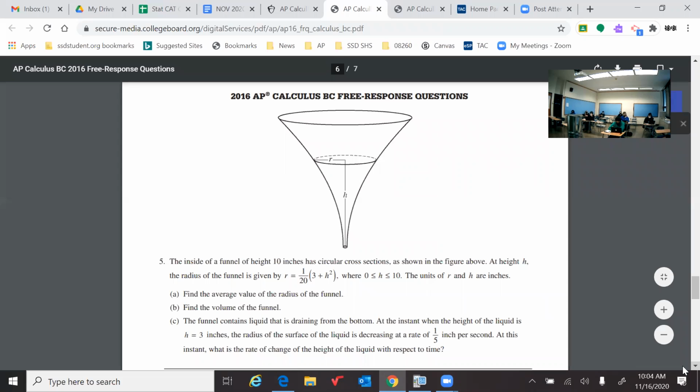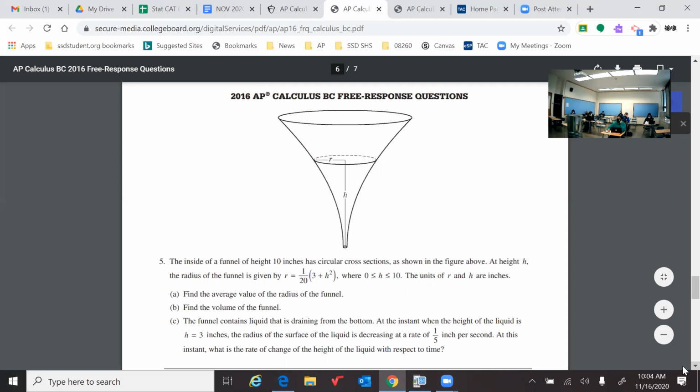That's chapter 5, we didn't get to that. Part B, find the volume of the funnel. People got tripped up on this question, because they had to rotate the funnel and couldn't see the axis. But you had to see the rotation.